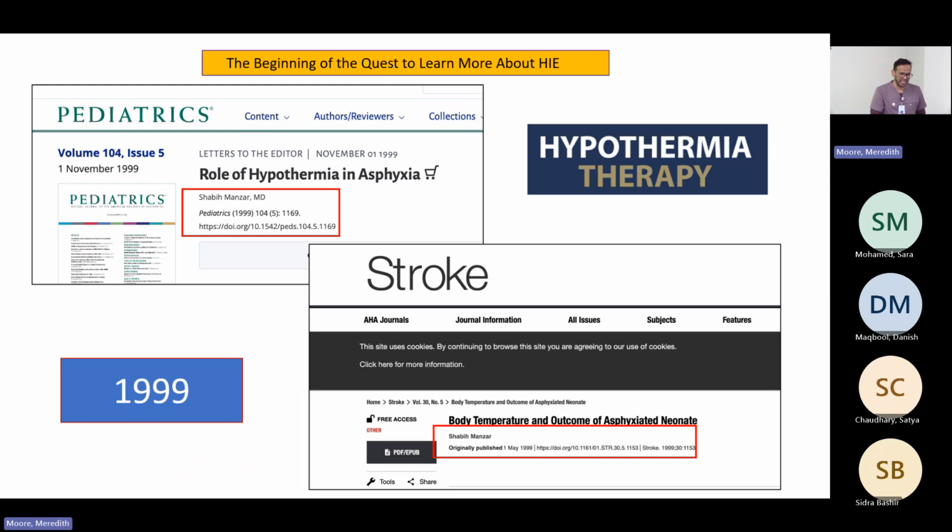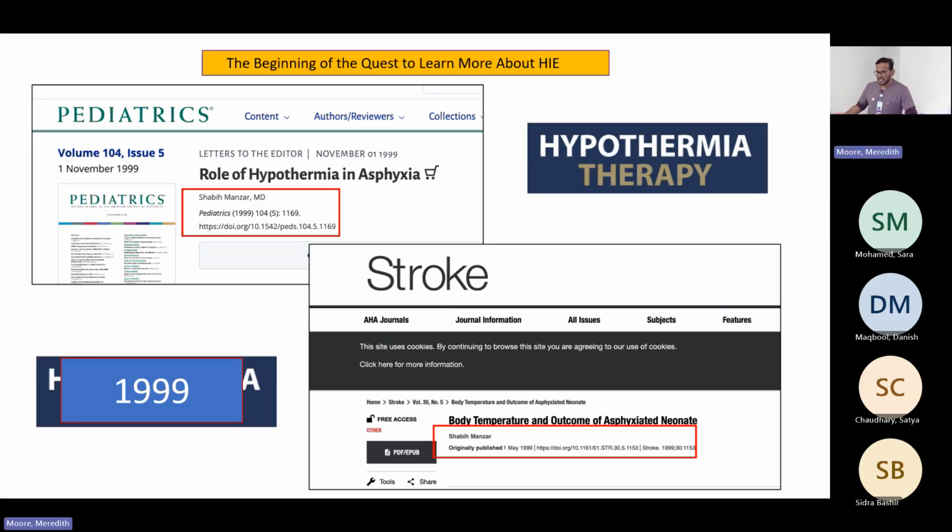So when I came back after 8 years, my program director was talking about hypothermia and she showed this slide. She said, my fellow is sitting there and he has written a paper in Pediatrics. It was really nice to see, but it's not a great paper, honestly. This paper was rejected from seven local journals and got accepted in Pediatrics. The idea is don't lose hope.